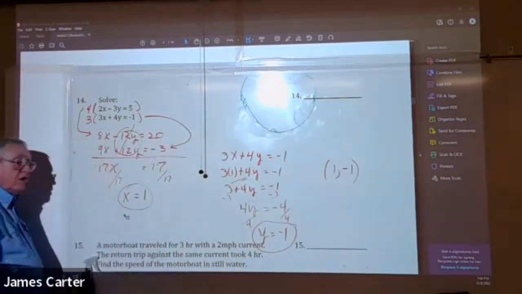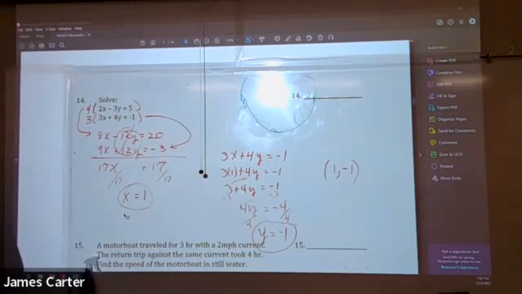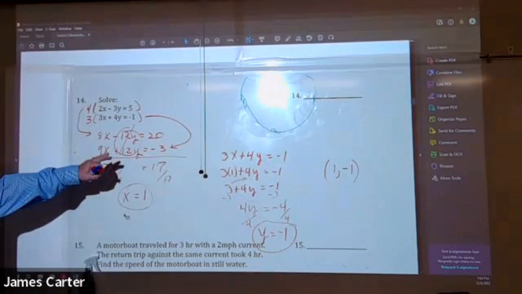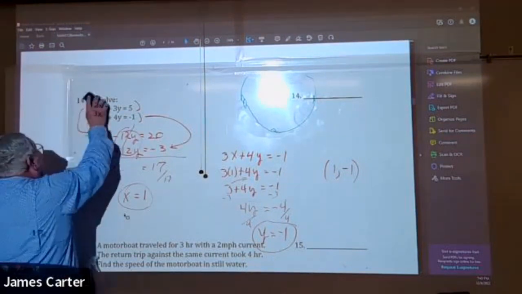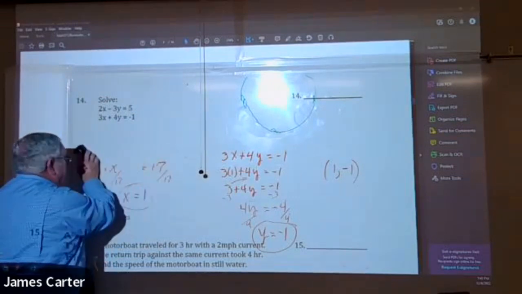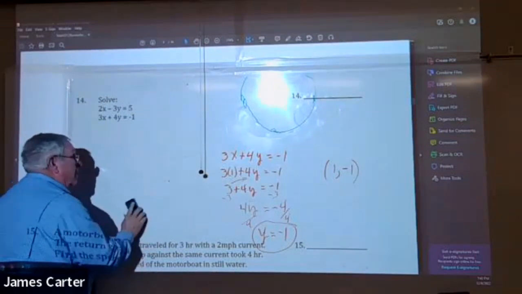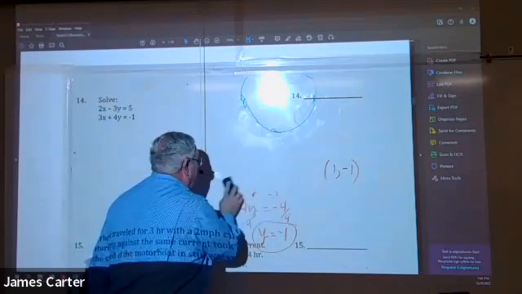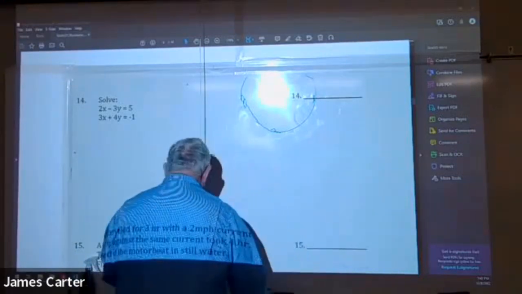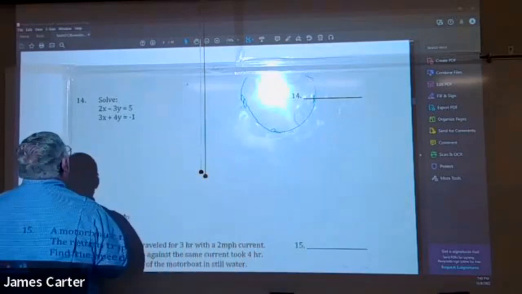Now, what if we wanted to work this one by substitution? Everyone got this one down so I can erase this? We're doing the same problem with substitution. I could have left the answer up because it's going to be the same.